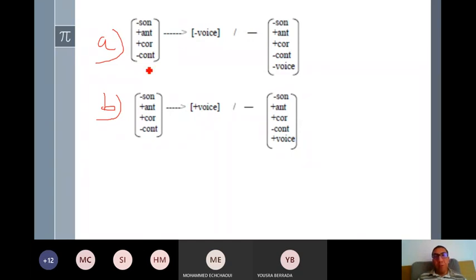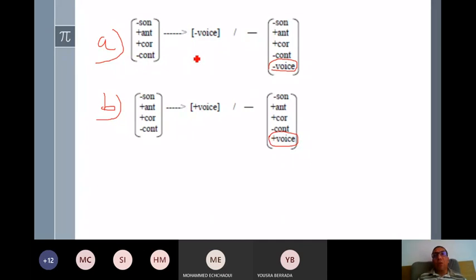What we are saying is that a minus sonorant, plus anterior segment, that is a coronal stop, will be devoiced when it occurs before a voiceless coronal. And the same thing, a coronal becomes voiced when it is followed by a voiced consonant.